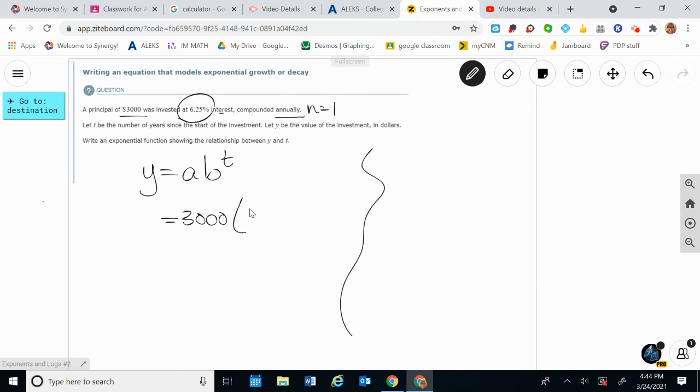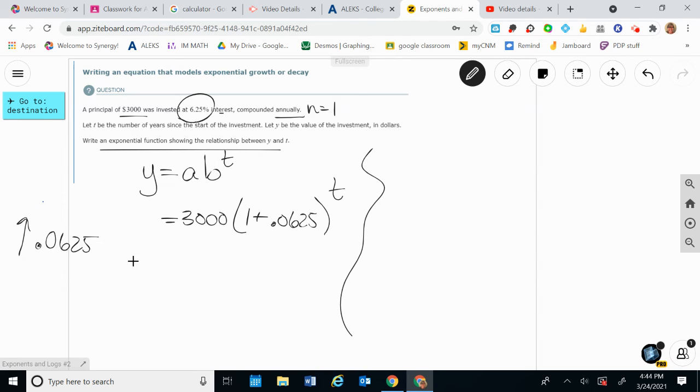That means you would go 1 plus 0.0625 to the t.